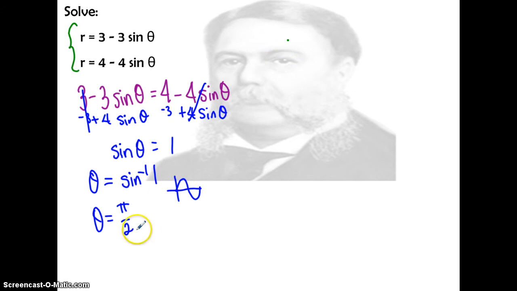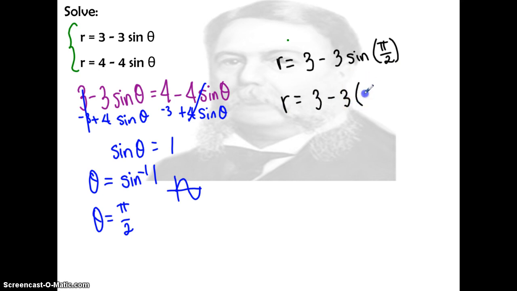So plug our theta into one of our two original equations. R equals 3 minus 3 sine, and our theta is going to be pi over 2. So my r equals 3 minus 3 times 1, because I can replace the sine of pi halves with 1.